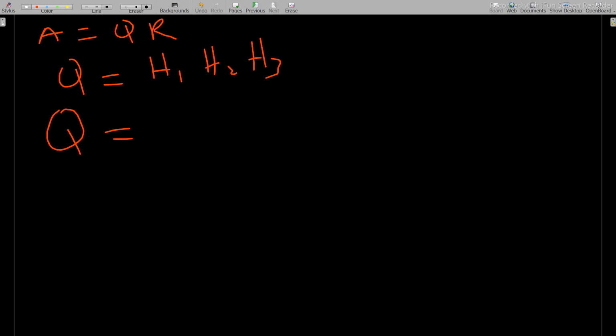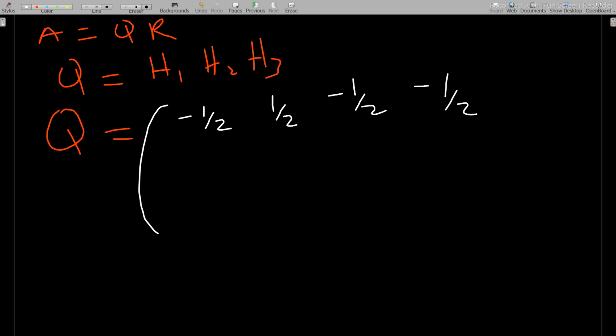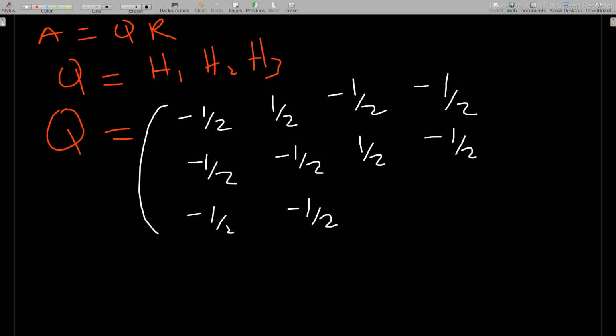When you multiply all these, you get Q to be equal to negative 1 over 2, 1 over 2, negative 1 over 2, negative 1 over 2 again. You have negative 1 over 2, negative 1 over 2, 1 over 2, negative 1 over 2, negative half, or negative 1 over 2, negative 1 over 2, negative 1 over 2, 1 over 2, negative half, half, half, and half.